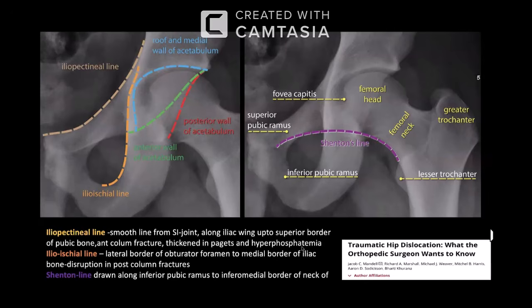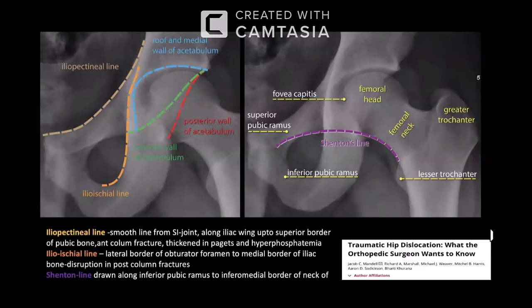And of course, in Paget's disease and hyperphosphatemia, there can be thickening of this line. The third line is the ilioischial line, from the lateral border of the obturator foramen to the medial border of the iliac bone. This line gets disrupted in cases of posterior column fractures.